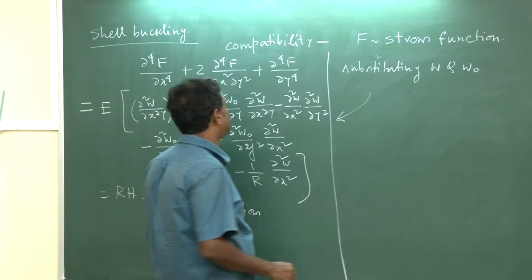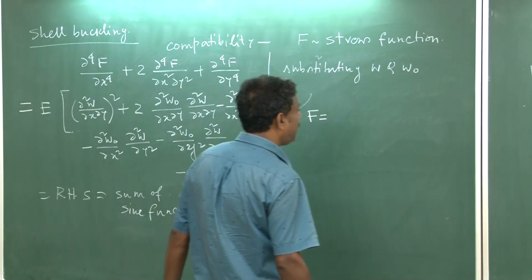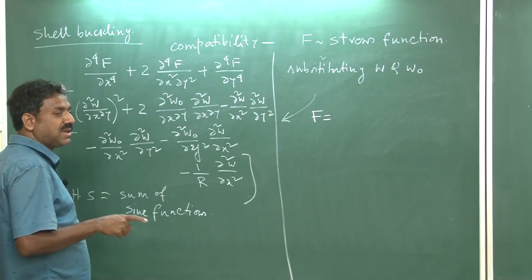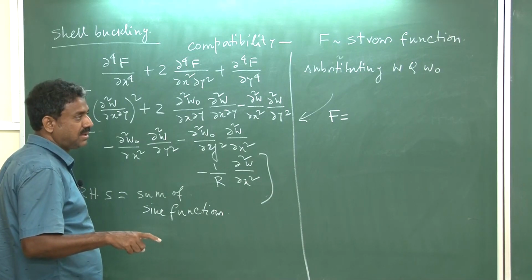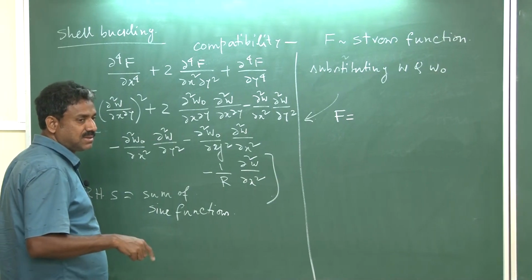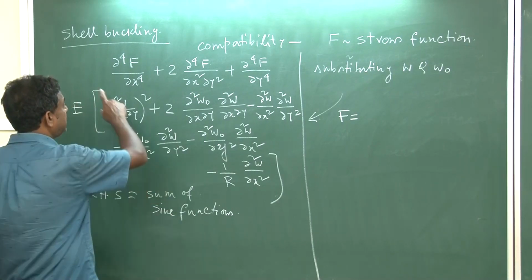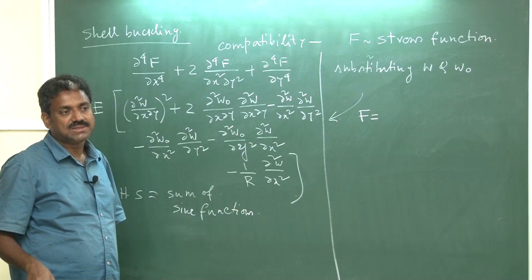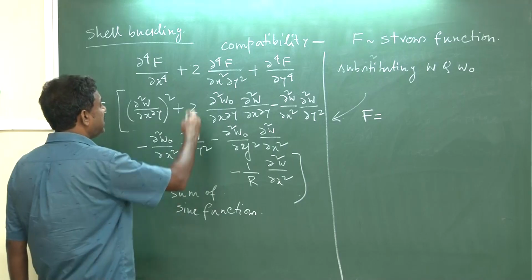What kind of solution can we assume? That F consists of some unknown coefficients, a sin pi x by a plus b sin pi y by b, or something like that. And then we substitute in this and equate the coefficients of the sin pi x by a and sin pi y by b terms. So, essentially we are doing a series solution.